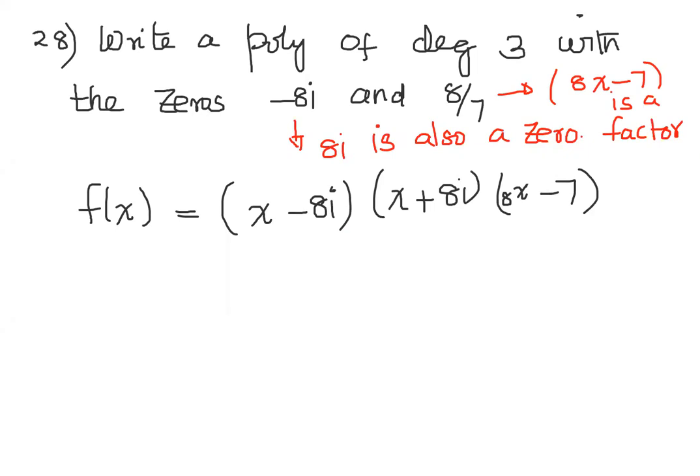Oh, it's 7x minus 8. I don't know why I'm doing this. Because it's 8 over 7. The denominator is the coefficient. Now we have to FOIL this.